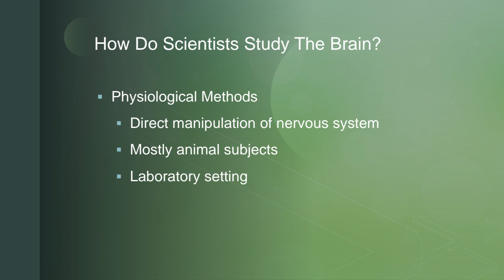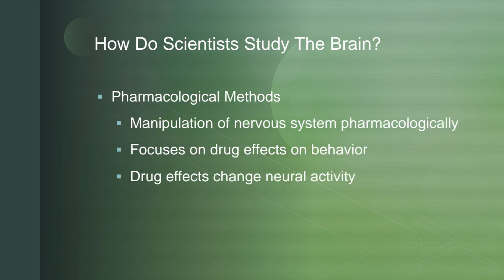Or when we are directly recording from individual neurons in an animal. These would be physiological methods. For these types of methods, we're talking mostly about animal research subjects, not humans.